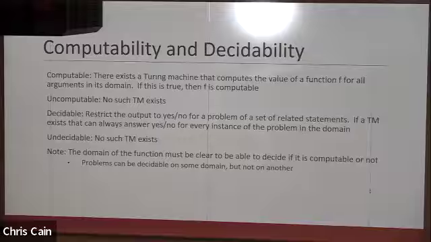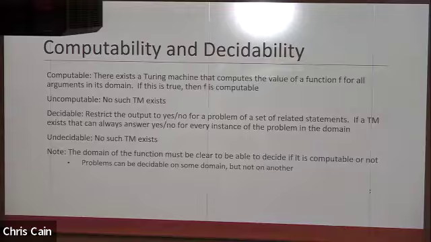Computability means there's a function that exists. Yeah, so you're going to have a domain and a range, and computability is going to create a function between the domain and the range. So the output can be arbitrary. It doesn't have to just be yes or no. It's not a binary output.